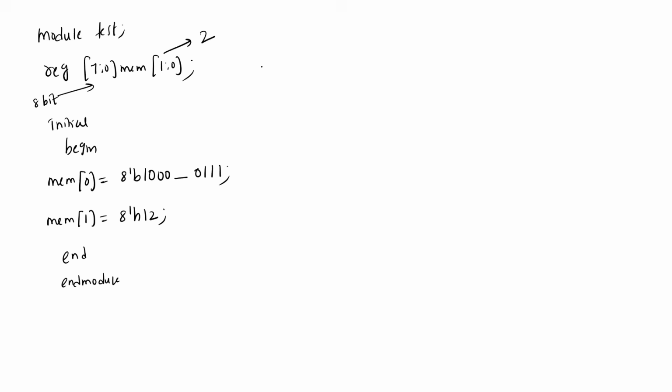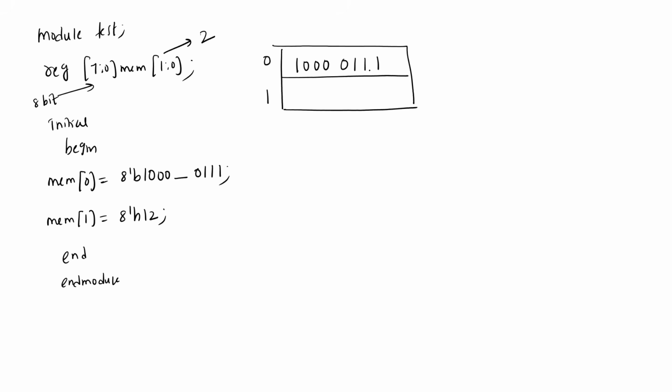Now tell me how it will be stored in the memory locations. Total how many locations? Two locations. In the first location, zeroth location, what will it store? 1000 0111. In the second location, h12 will be converted into binary: 0001 0010.